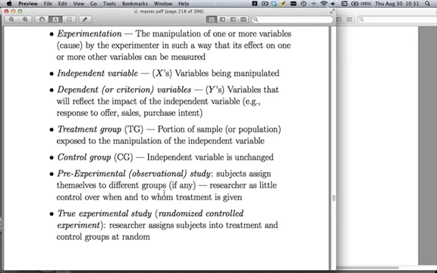The difference between the two is really simple. If the experimenter has control over who gets what treatment, so if the experimenter can assign people to different levels of X, you have a true experimental design. If the subjects in your study self-select into treatment conditions, you have a pre-experimental or observational study.